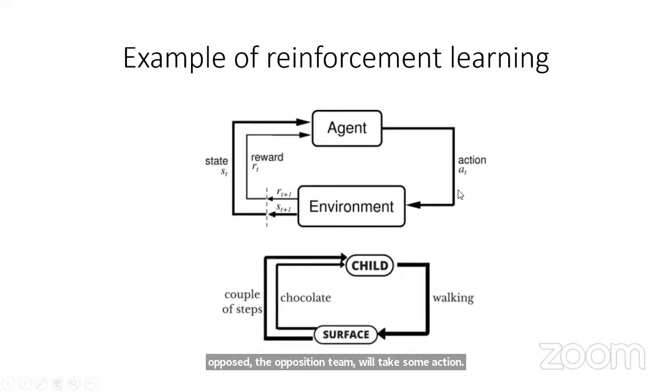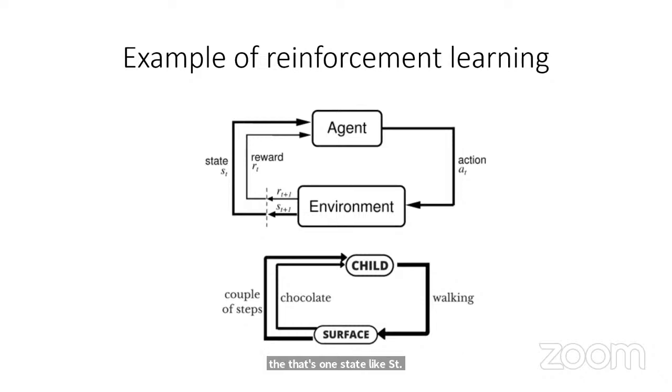Then, depending upon my action, I will be given either a reward or a punishment. If I perform the correct action, I will be given a reward and forwarded to the next state, S(t+1).